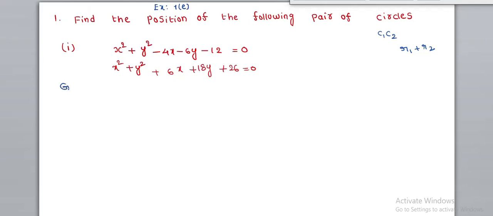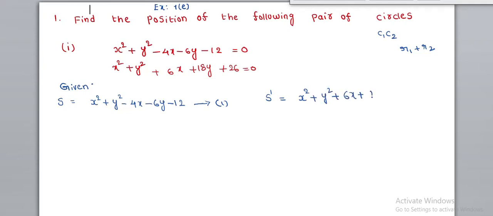So given circles: S equal to x square plus y square minus 4x minus 6y minus 12, equation number 1. Another circle S dash equal to x square plus y square plus 6x plus 18y plus 26 equal to 0.